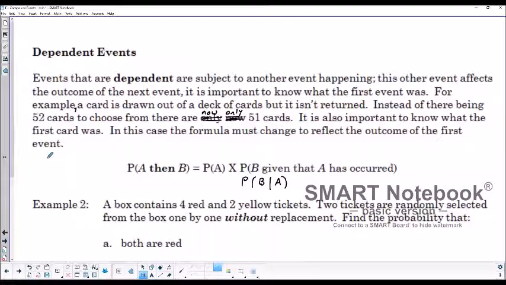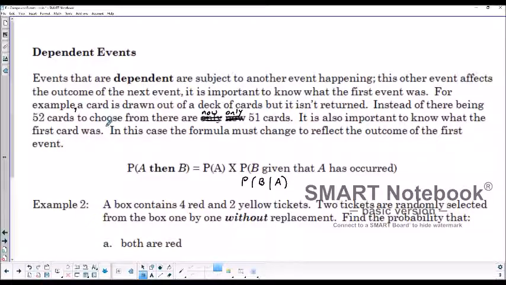Now, that was with independent events. What if the events are dependent? Dependent events basically are subject to each other occurring. The occurrence of one event will affect the probability that the other occurs. So the probability of the second one will be affected by the first one occurring.